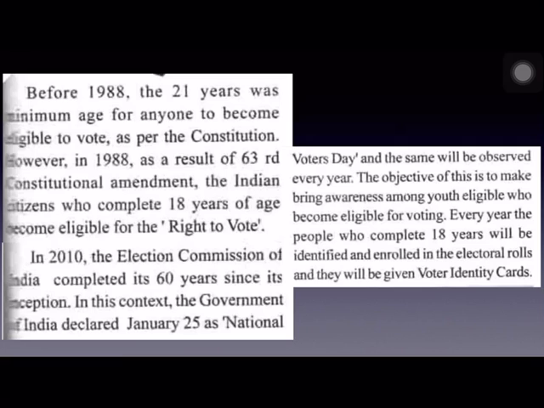According to this amendment, all the Indian citizens who complete 18 years of age are eligible to get the right to vote. So from 1988 onwards, the minimum age to get the right to vote is 18 years.